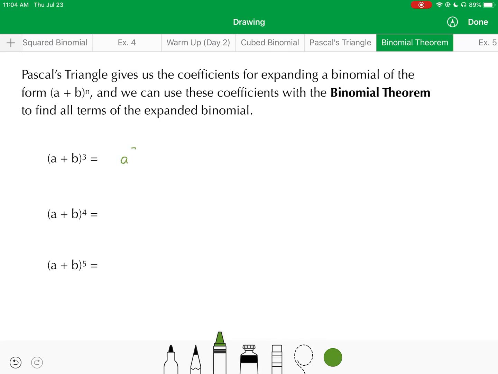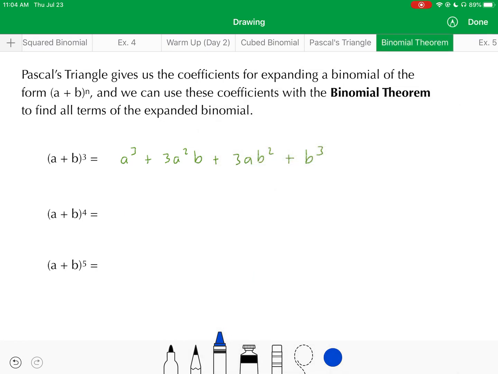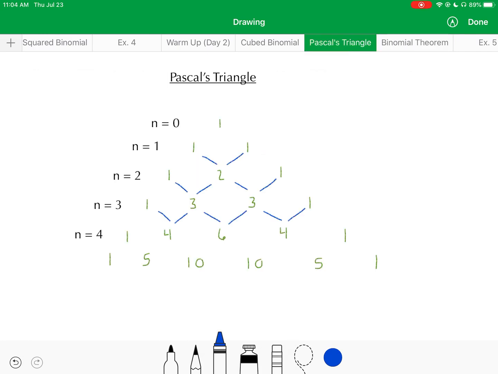It's a cubed plus 3a squared b plus 3ab squared plus b cubed. And what we want to notice is that the coefficients from each of these terms are 1, 3, 3, and then 1. If you go back and look at Pascal's triangle, it's technically the fourth row, but we consider it n equals 3.